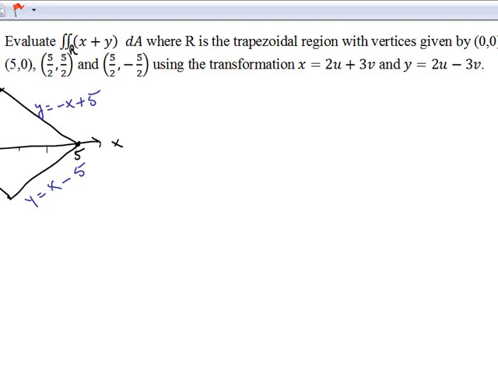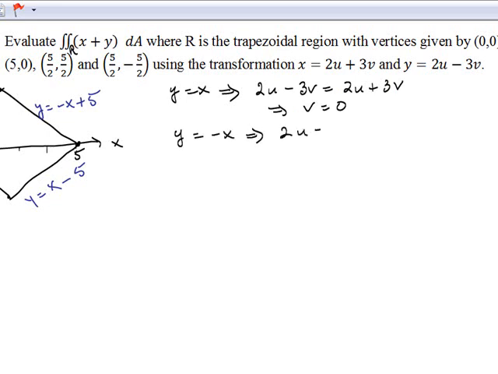After you have done that, transform the lines. So y equals x becomes, do the substitutions like I did in the previous question, 2u minus 3v equals 2u plus 3v. Here we end up with v equals 0. y equals minus x is similar: 2u minus 3v equals minus 2u minus 3v.